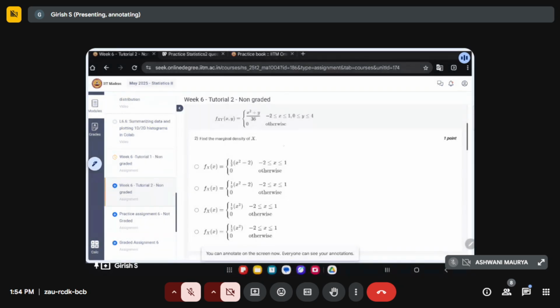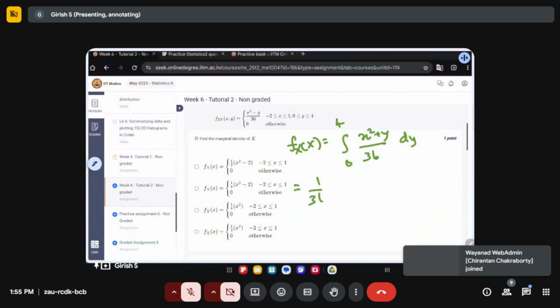So what they are asking is the marginal density of x. Marginal density of x is nothing but varying y. So y varies from 0 to 4 of x square plus y by 36 dy. This becomes 1 by 36 into x square y plus y square by 2.